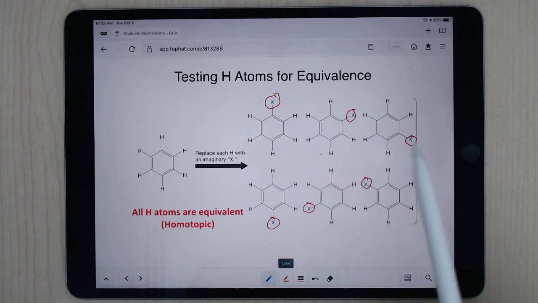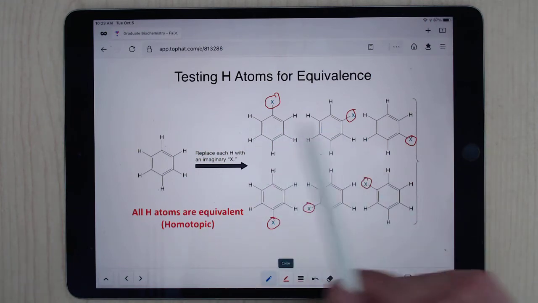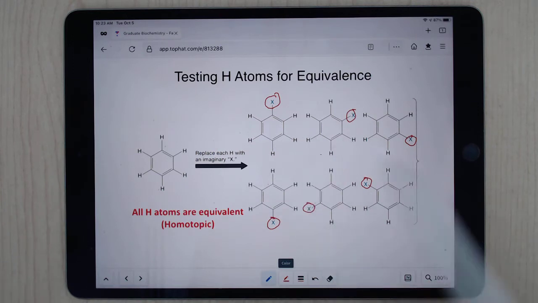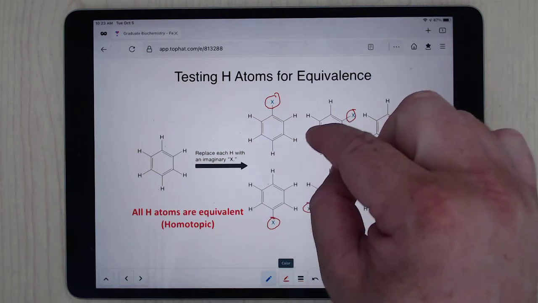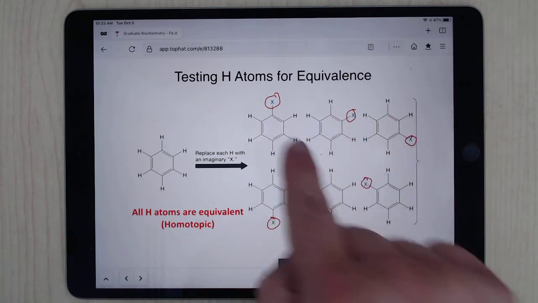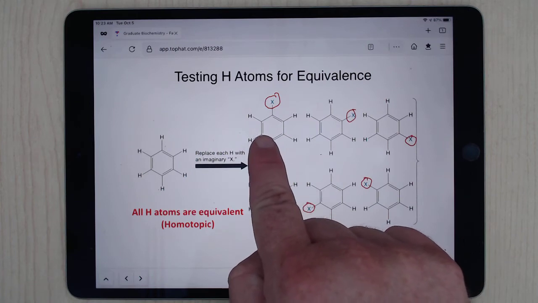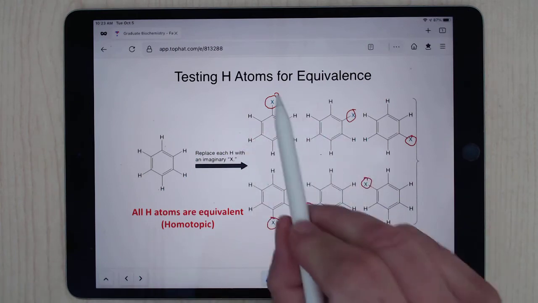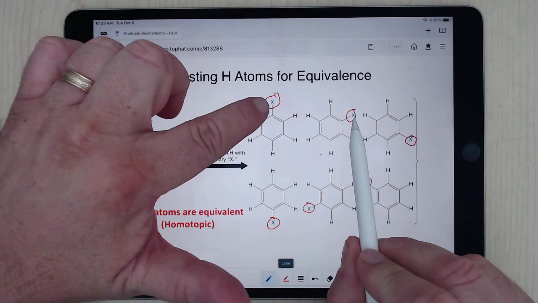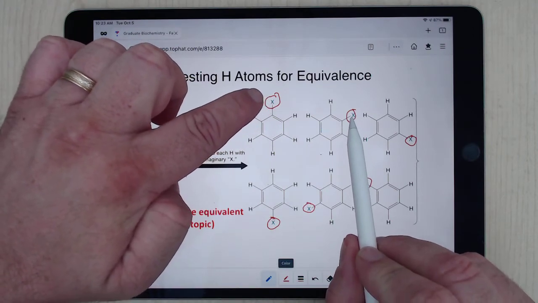So each one of these structures is going to have one of the H's swapped out for an X. If you look at these two molecules, I can just take this one and rotate it so that it looks exactly like this one. That would mean that these two hydrogens represented by these H's are equivalent to each other.